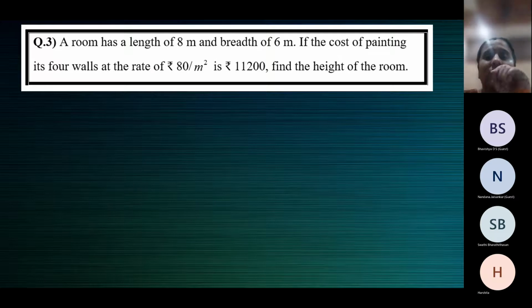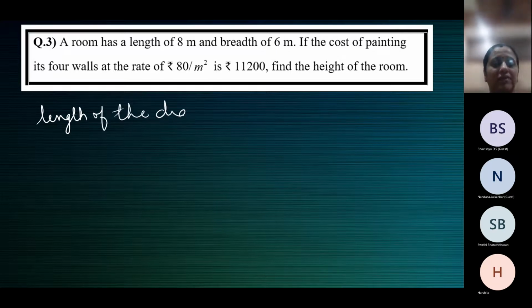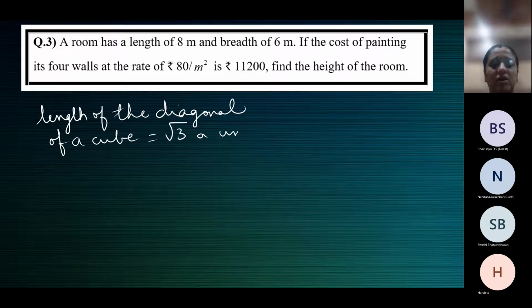We need to include one more formula there. Under cube, the last point, please write: length of the diagonal of a cube is given by the formula √3a units.